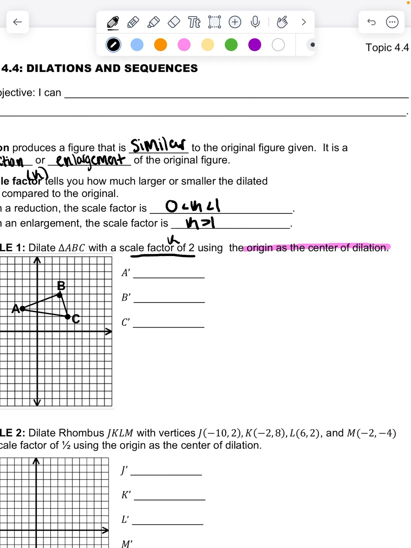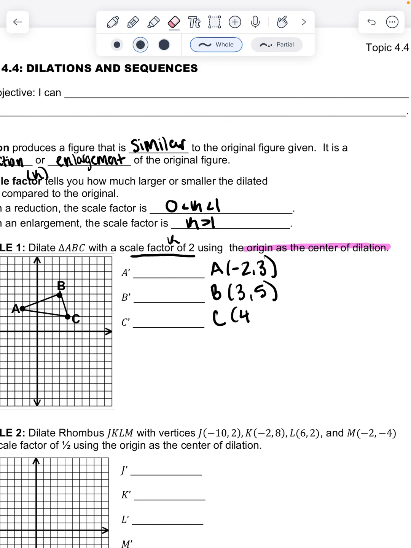So first and foremost, we're going to find those original points A, B, and C. Point A is at -2, 3. Point B is at 3, 5. And point C is at 4, 2. Okay? So there's our original values.